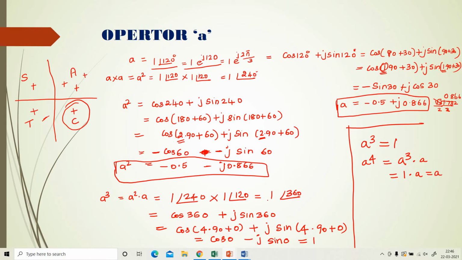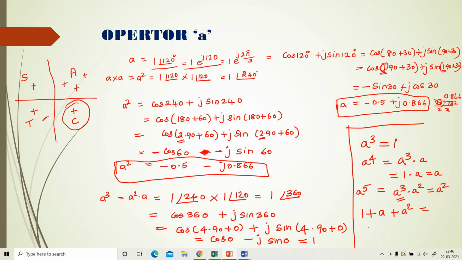A power 4 equal to A. So next I have to write A power 5. How can we write this? A power 5 is A cube into A square. A cube is 1, so A power 5 is A square. And next from this, what is 1 plus A square?